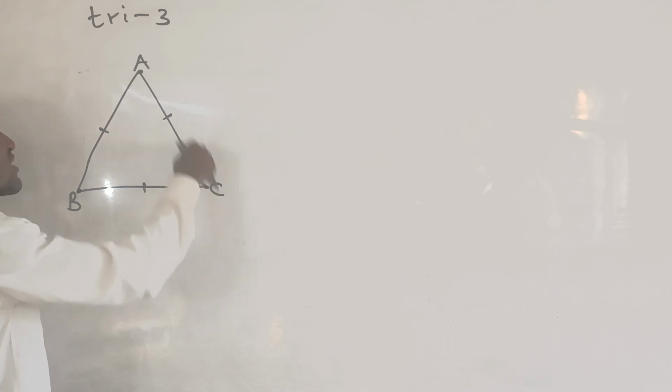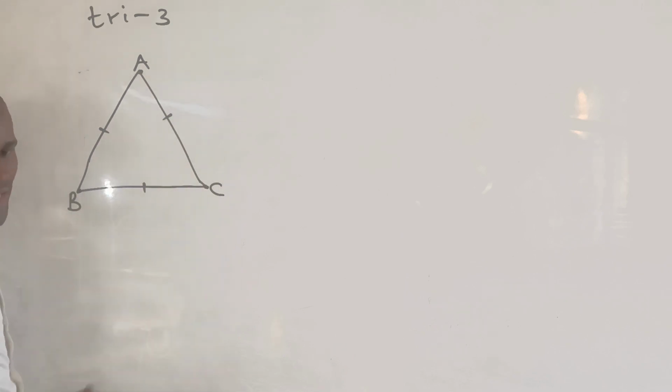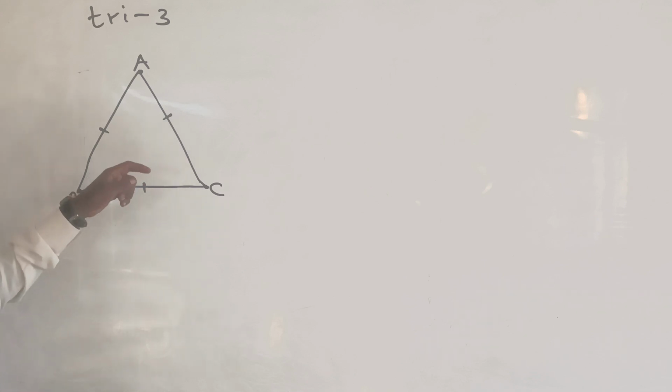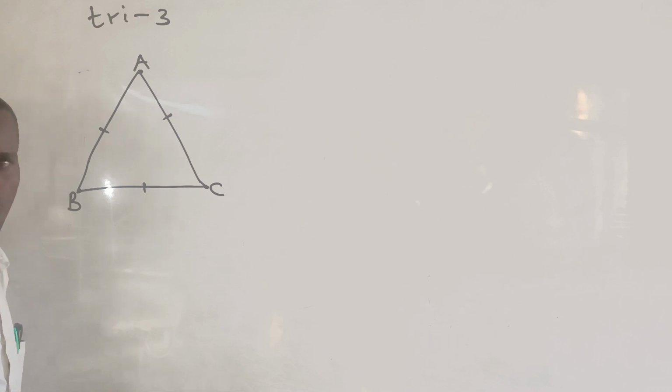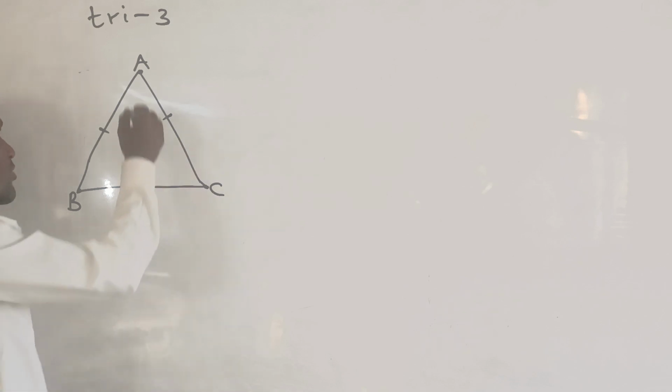So the first vertex, the second vertex, the third vertex. That is why it is referred to as a triangle.